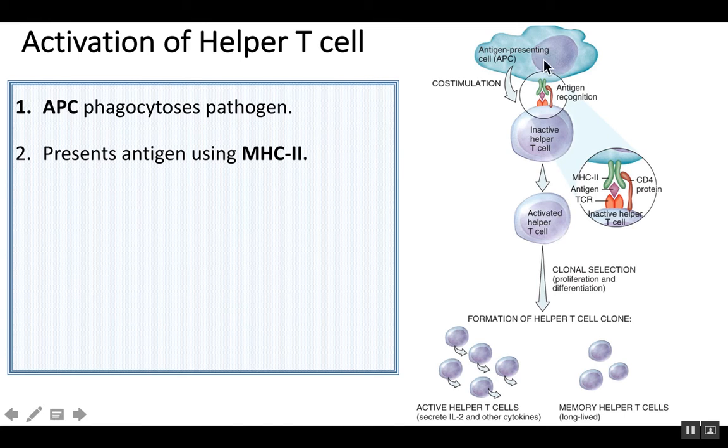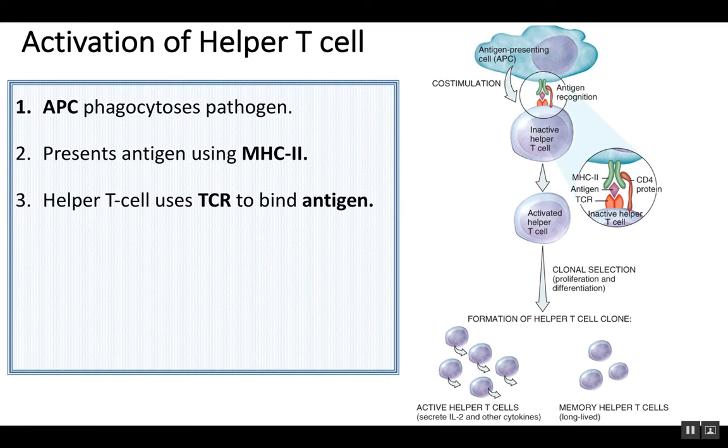The helper T cell comes over, and there's an interaction that has to occur. The helper T cell uses its T cell receptor, that's the antigen receptor, to bind to the antigen. Notice there's the TCR on the helper binding to the antigen.